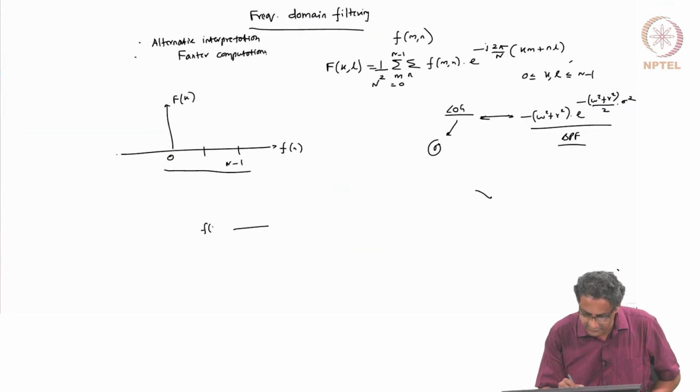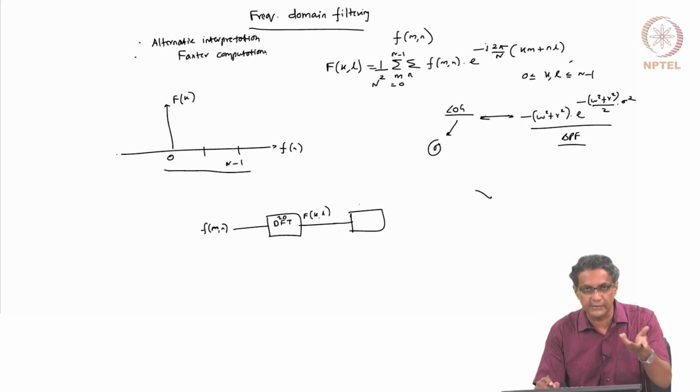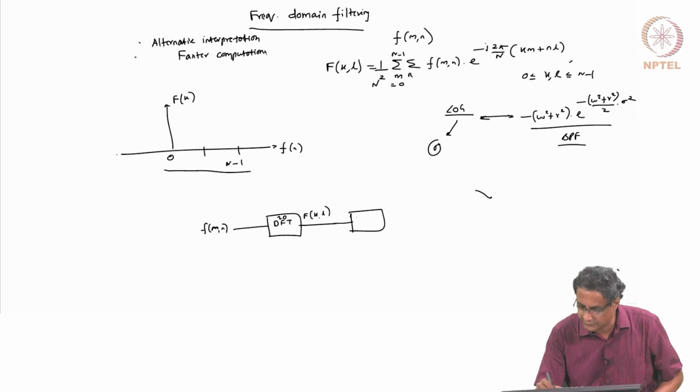You have an image f of m comma n, and you take a 2D DFT of that, which gives you f of k comma L, and then you modify this with some mask. That's what you call the frequency domain mask. It could be whatever filter you have. We call this some kind of a mask, and out of this will come an f tilde of k, L, because this is simply a multiplication.